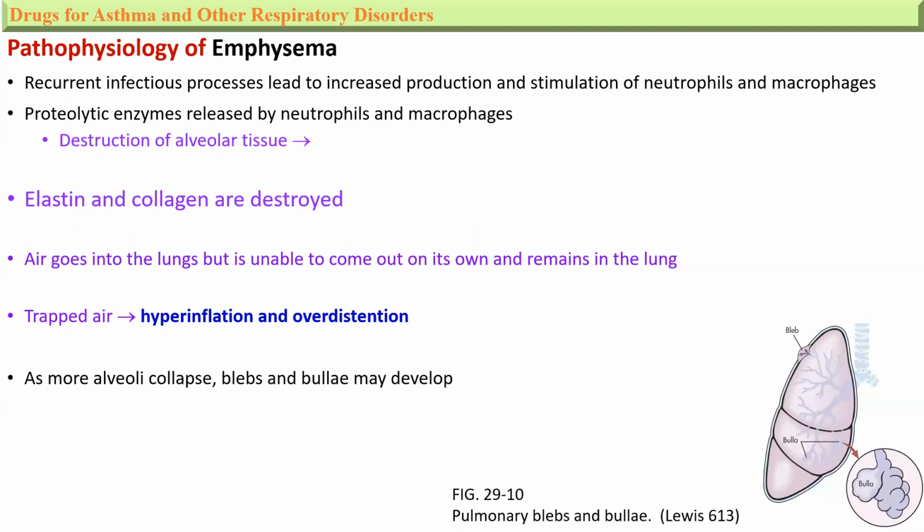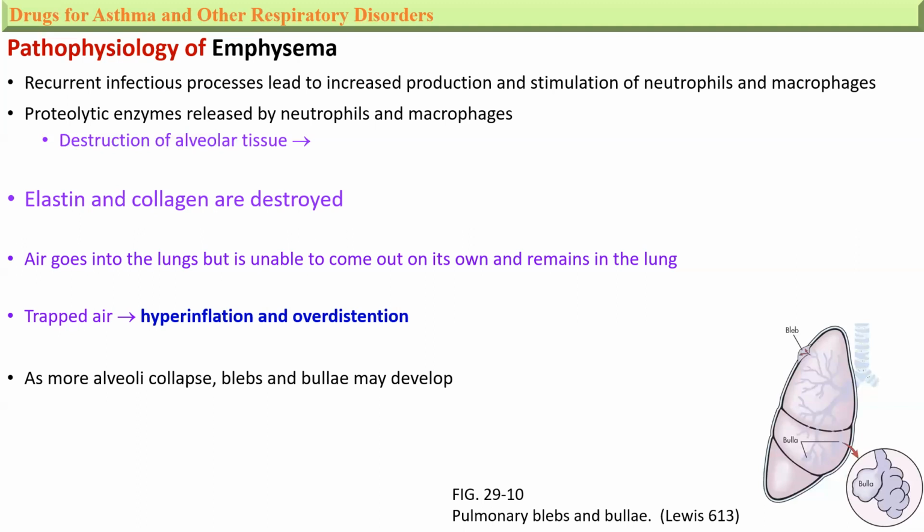So as the air trapping worsens and alveoli are destroyed, the bullae, which are the large air sacs in the lung tissue, and the blebs, which are the air spaces adjacent to pleurae, can form.